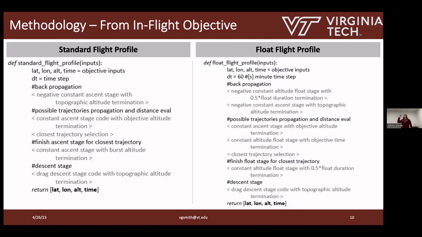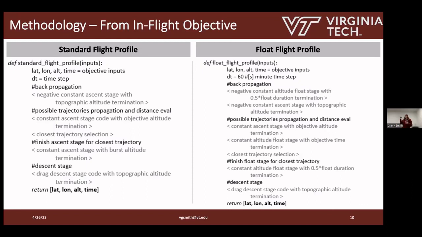In both cases, you start from your objective and you back propagate to get an approximate launch location. This is not the true launch location because the wind data you're using is ahead of what you're actually looking at for that time step. So it isn't quite right, but it gives you enough of an idea that it then generates a grid around it. All of those are propagated to the objective.